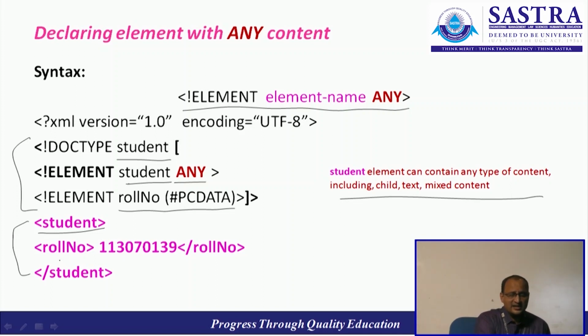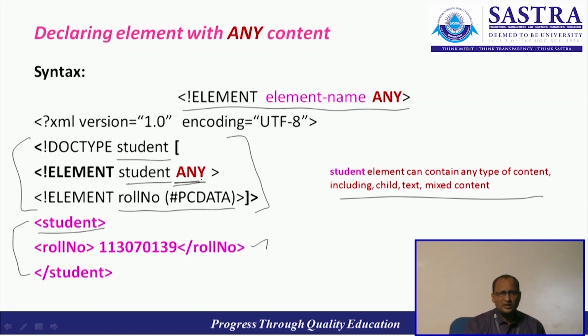So, student is carrying roll number, but in our DTD I have not specified anything about the student's children, yet it allows the user to have roll number as a child for student. It is because of the ANY keyword.